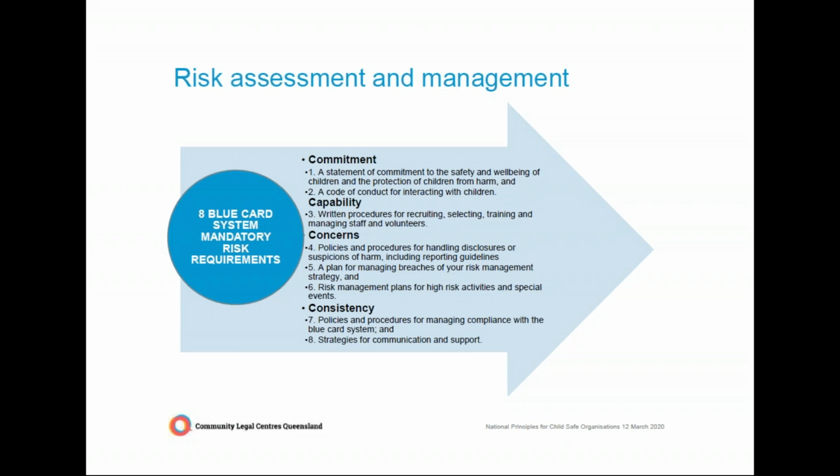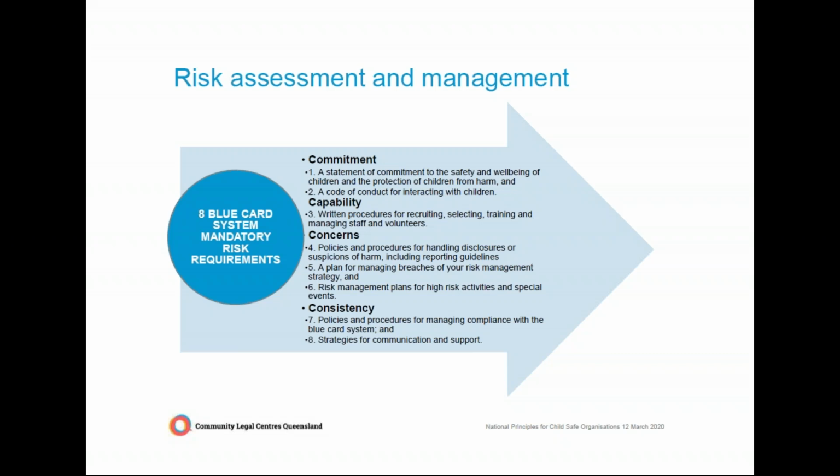The first elements relate to commitment and culture. As reinforced in the Royal Commission definition of a child safe institution, this is effectively about creating a culture that adopts strategies and takes action to prevent harm to children.